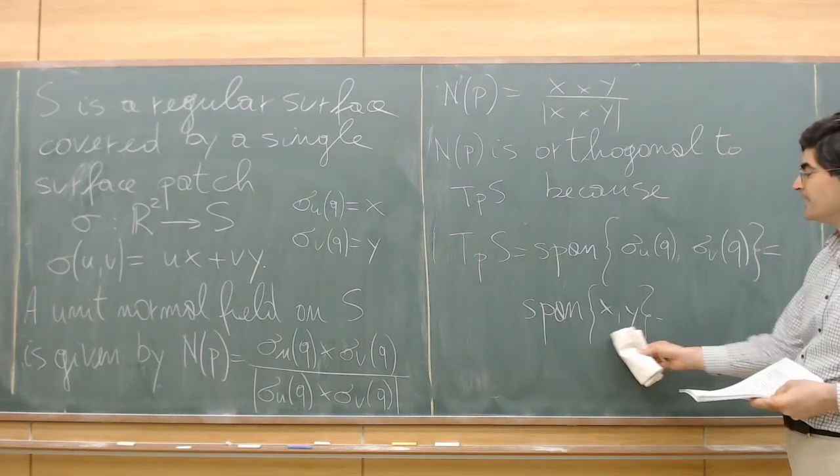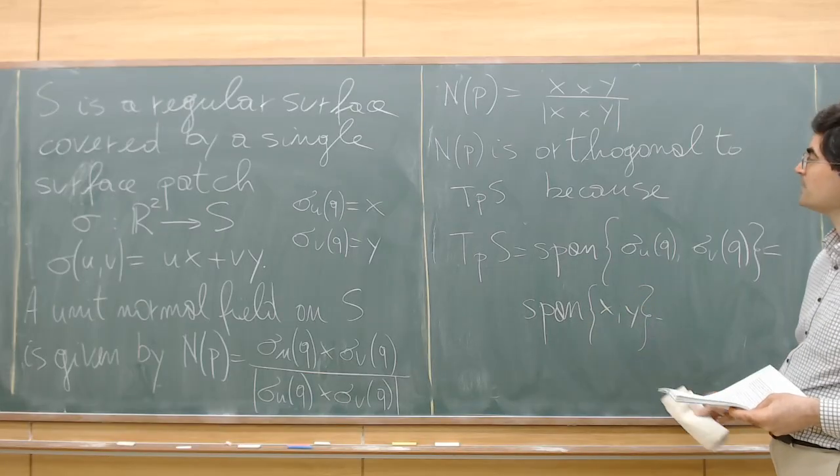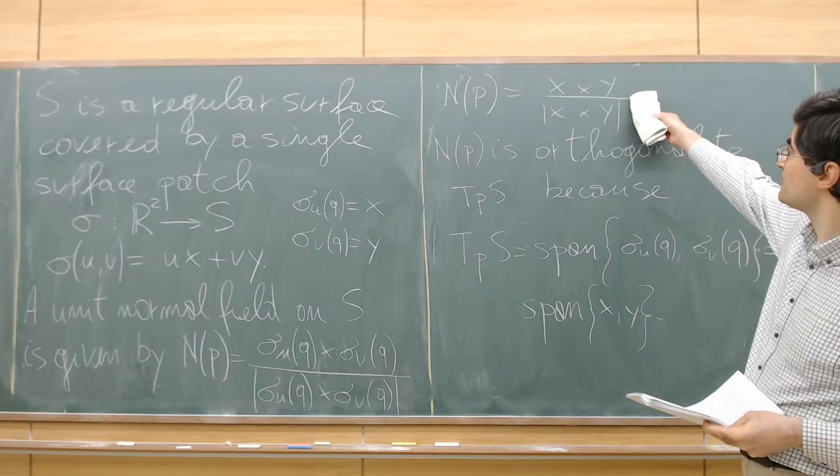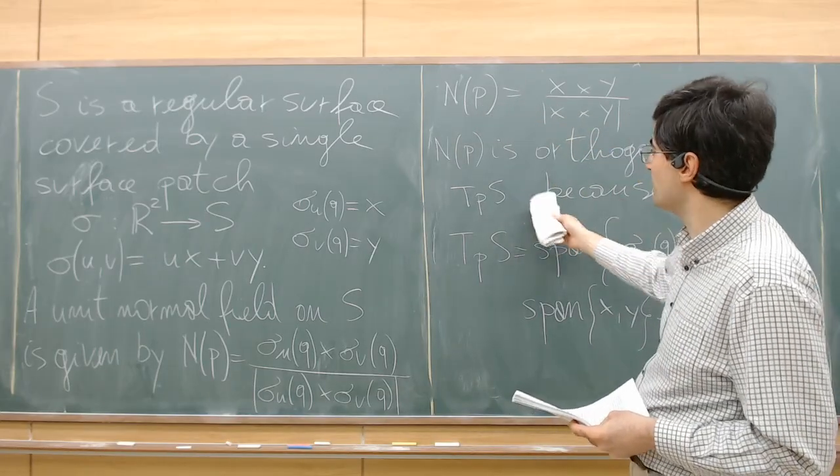So x and y are the generators of the tangent space to the surface S, and by this definition I get that n of p is orthogonal to any vector in TpS.